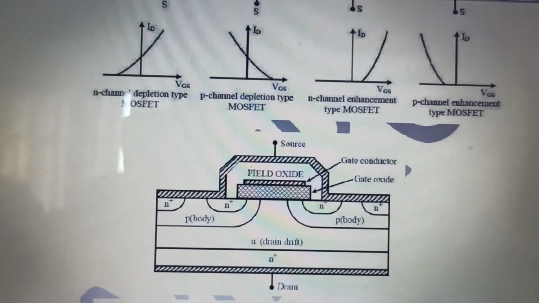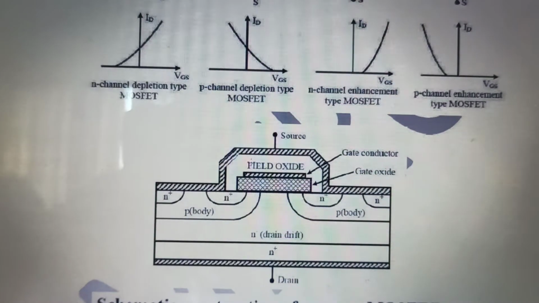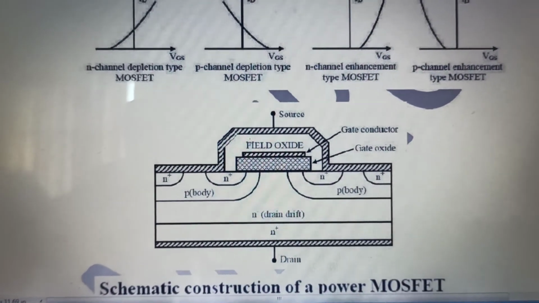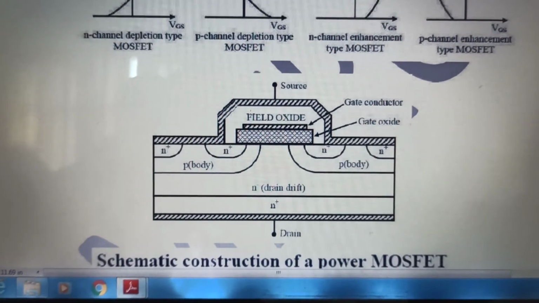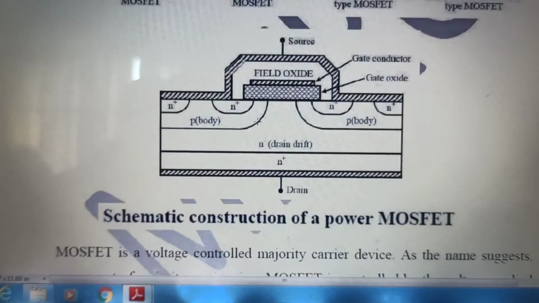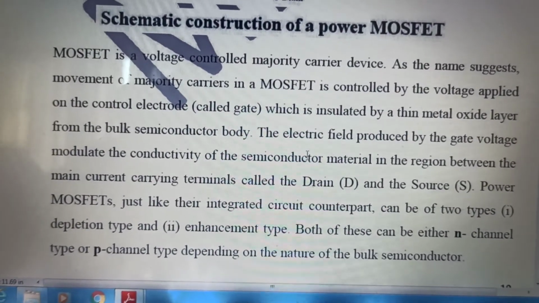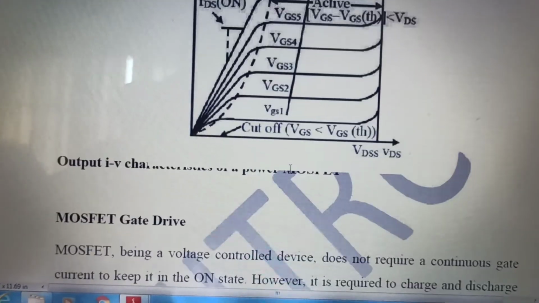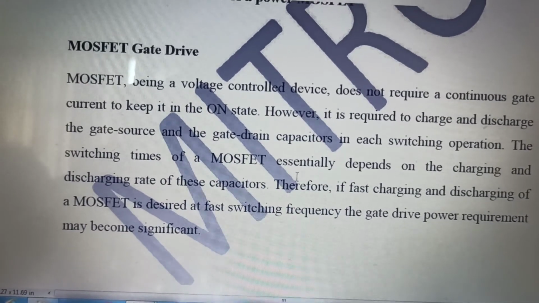They will allow the charging and the discharging, and the charging time and discharging time of these capacitances will eventually decide at what switching frequency the MOSFET will be working. This is very well stated here, that these parts will decide the operating switching frequency of this MOSFET.